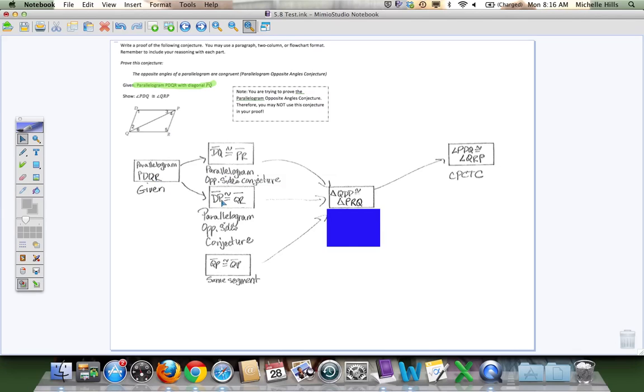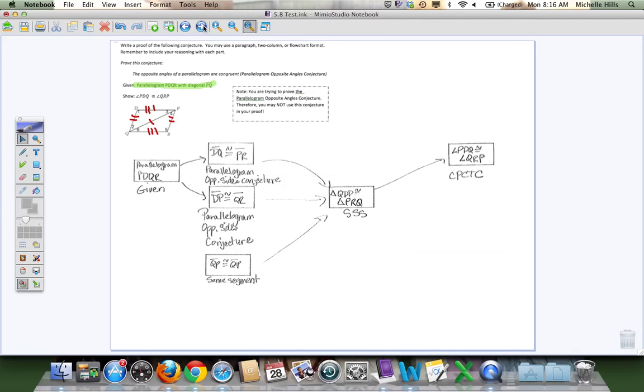And I'm able to say these two sides are congruent using this conjecture. And then I'm able to say, not because of that, but just because it's the same segment, that QP is congruent to QP. So I end up with this segment congruent to itself, I have this side congruent to this side, and I have this side congruent to this side. So for this one, the reason that those two triangles are congruent is because of side, side, side.